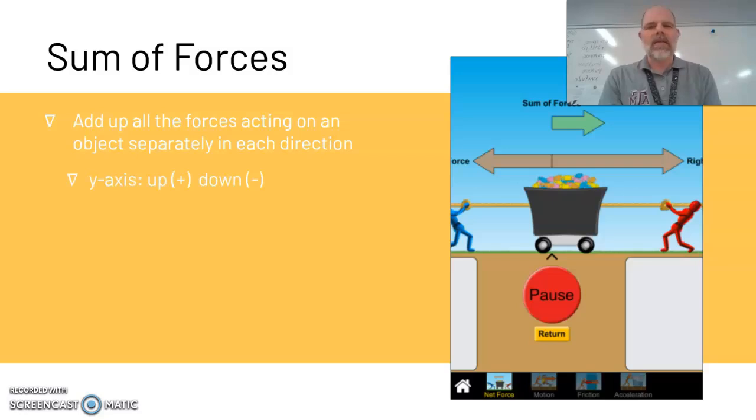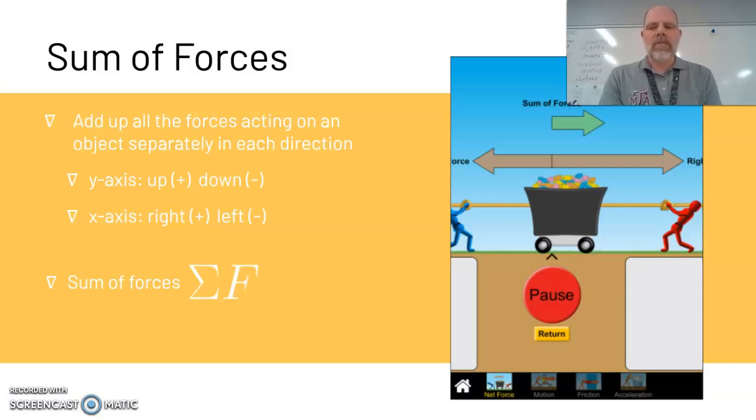In the y-axis, the up direction is positive and the down direction is negative. That's the convention that we use most often. And in the x-axis, rightward is positive and leftward is negative.